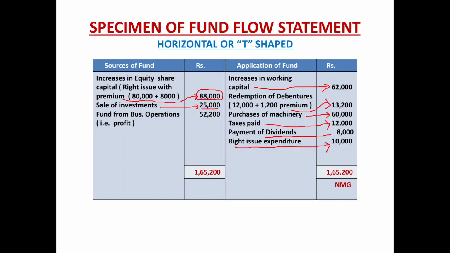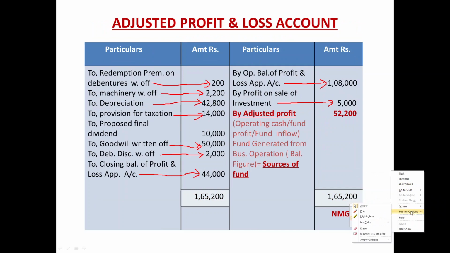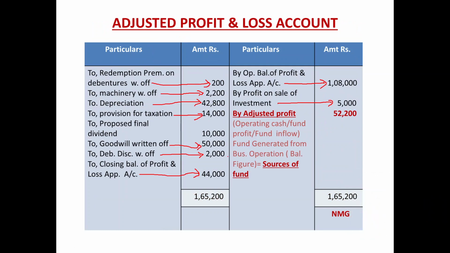Payment of dividend 8,000, application of fund. Then 10,000 being a non-cash item, it should be added back in the current year's profit by giving the reverse impact. Proposed final dividend 10,000. So this was the impact of proposed dividend.